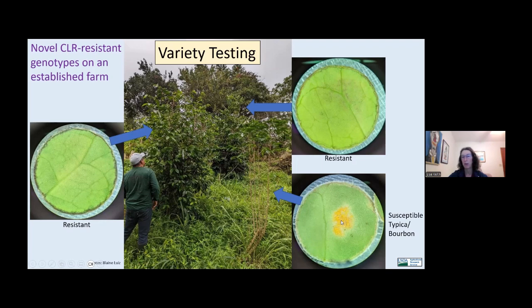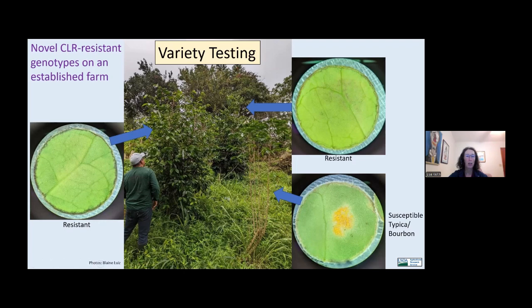This is the very susceptible Typica, which we also see symptomology on Bourbon variety. This is what is widely planted all over. But we would find in a few farmers' fields these gems where you have this defoliation, but suddenly there were a few trees that would stand out that looked great.